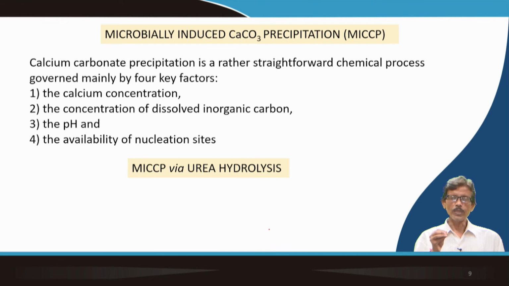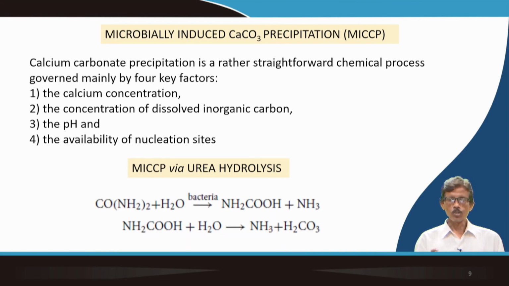So, when we talk about the formation of CO2 then H2CO3, if you get from another source the urea hydrolysis, where bacteria or urease is there, urease is responsible for hydrolysis, giving ultimately not only the free H2CO3 that we get through hydration of carbon dioxide, but also ammonia.